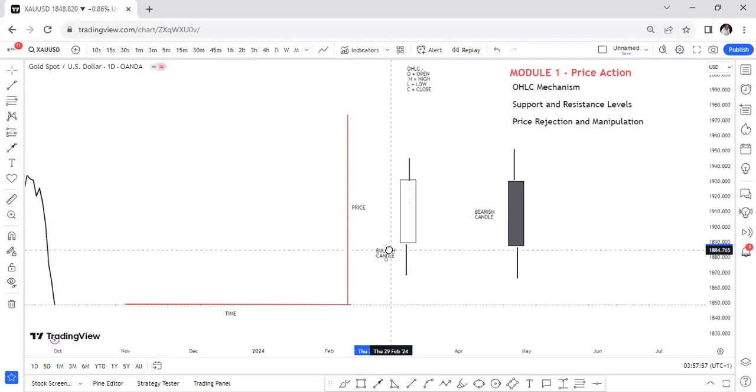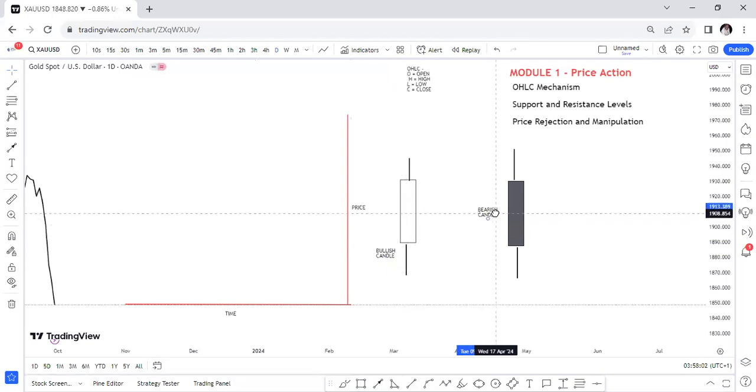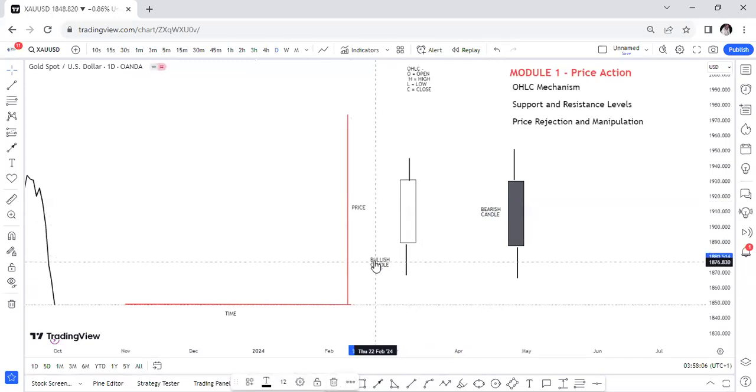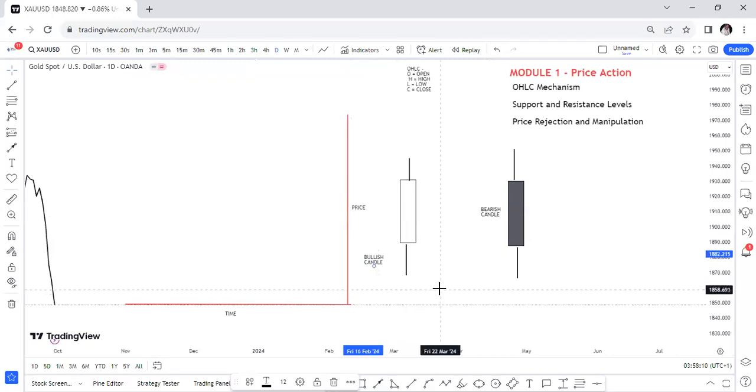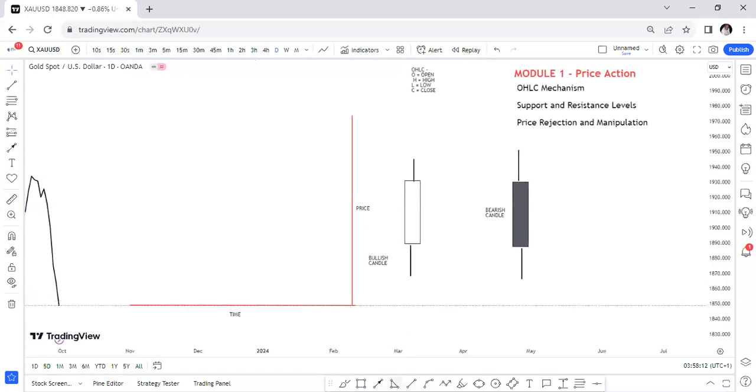So you see how price moves. You must be able to note this.